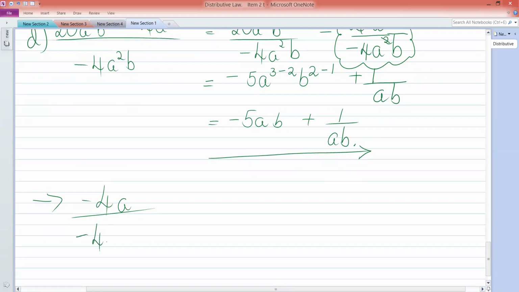Then I could write out 4a squared as a times a over b times b there. So this one a will cancel with that one a. The negative and negative is going to become positive. The 4 will cancel out with the 4. That's why we're left with 1 at the top. So that's why I say it's 1 over ab, like that. Okay.